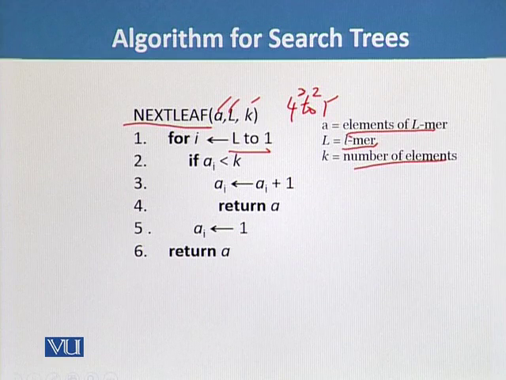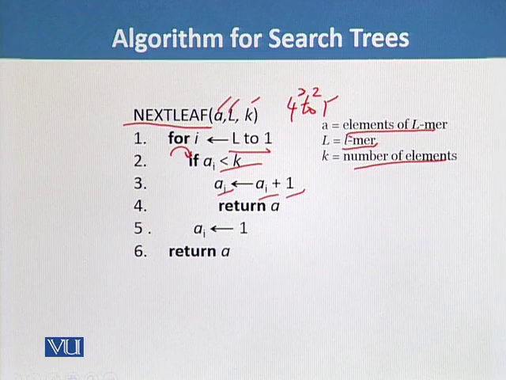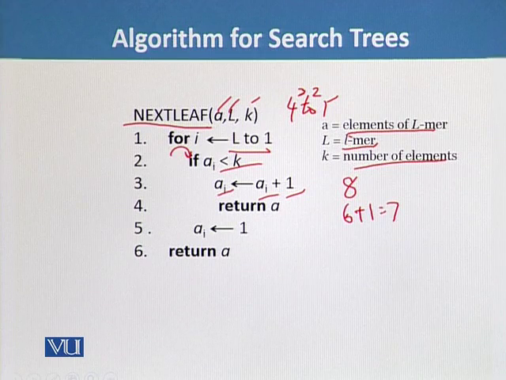Again, the next if condition will start, and it says that a_i should be less than K, and if it is less than K, then a_i is designated as a_i plus 1. So it means that if the length of the L-mer is 8 and the elements within the L-mer are 6, then it will move and add one position and will become 7.